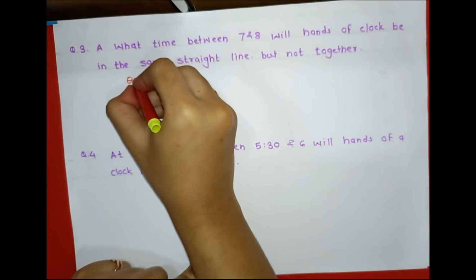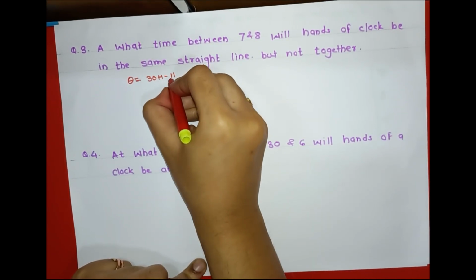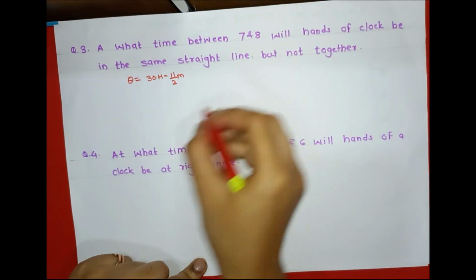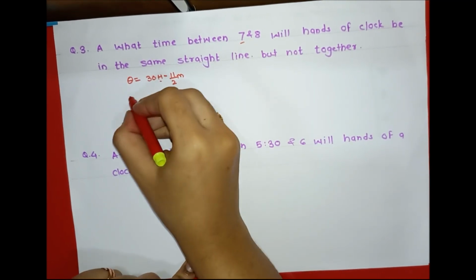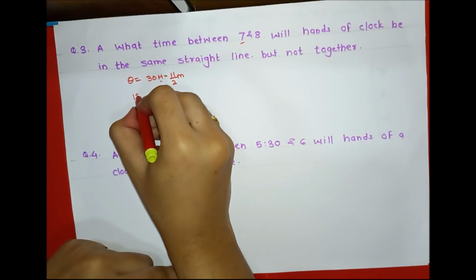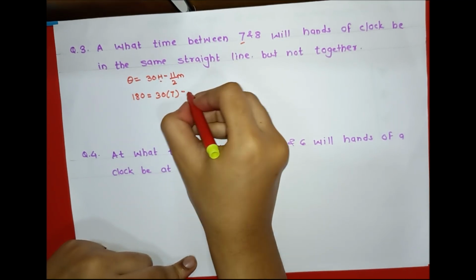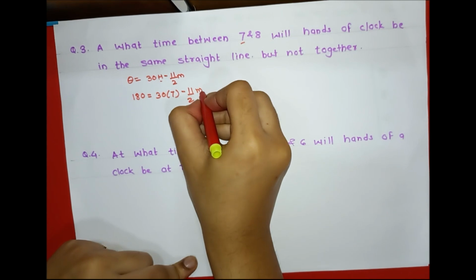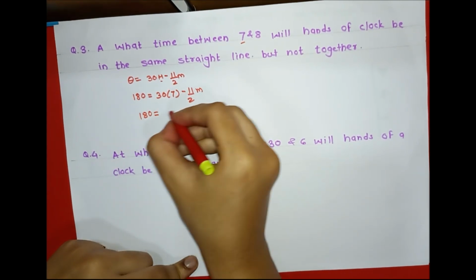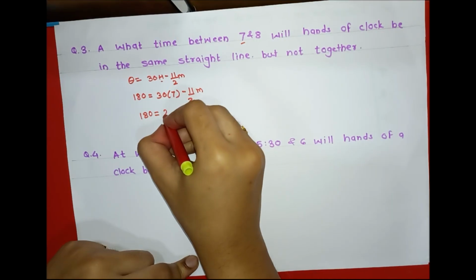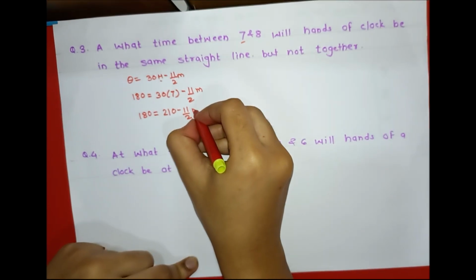So theta is equal to 30h minus 11 by 2 m. H is your base angle, m we have to find out, and theta is 180. 180 is equal to 30 into 7 minus 11 by 2 m. It becomes 180 is equal to 210 minus 11 by 2 m.